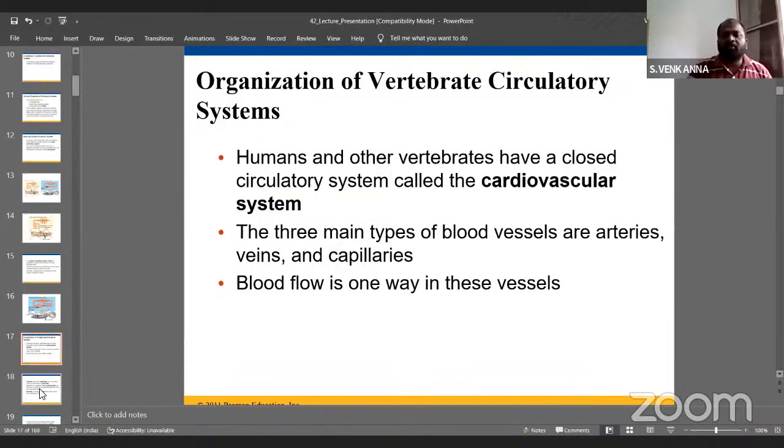The organization of vertebrate circulatory systems. Humans and other vertebrates have a closed circulatory system called the cardiovascular system. The three main types of blood vessels are arteries, veins, and capillaries. The blood flows through the vessels.